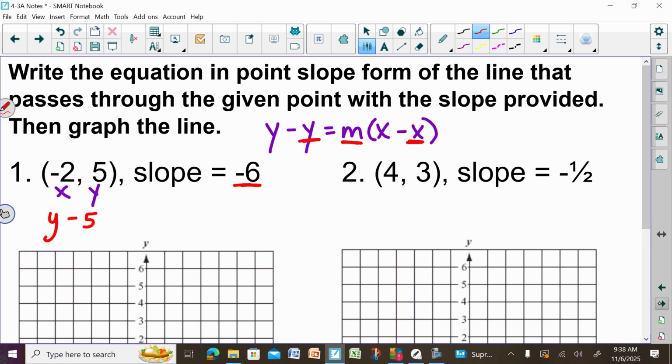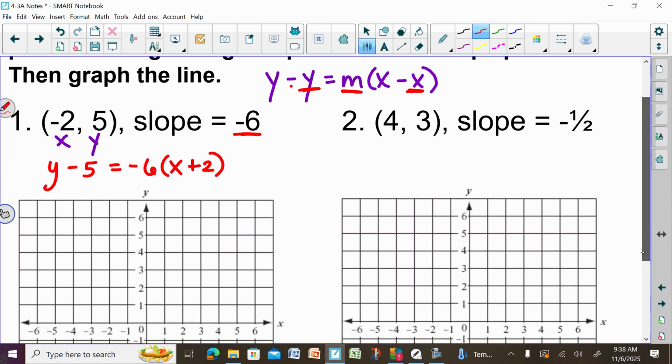The minus is because of the form. The 5 is positive, so it stays y minus 5. It still looks like a -5, even though it's a positive 5. Equals -6 slope times the parentheses x. When I say minus a -2, it turns to +2, just like the slope formula. So that is the point slope form of that equation.